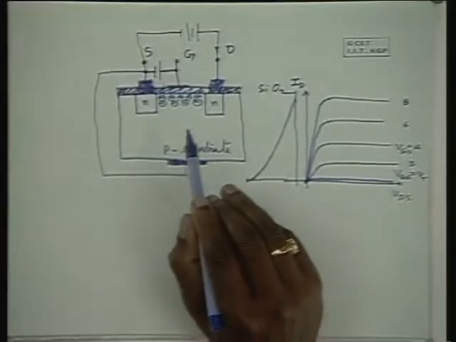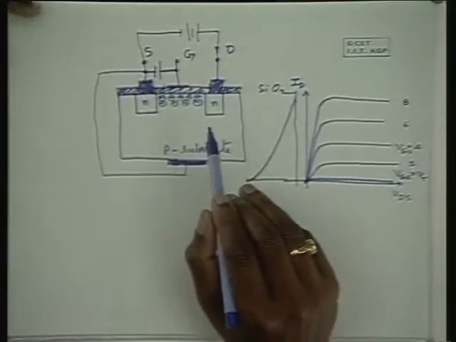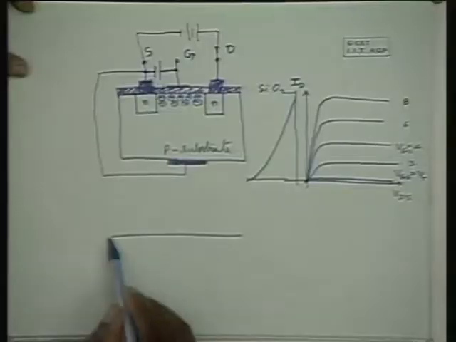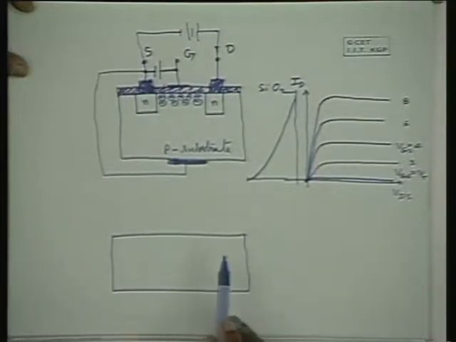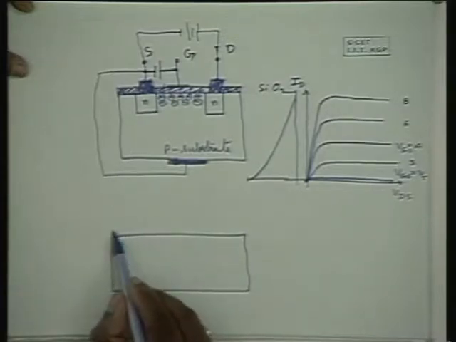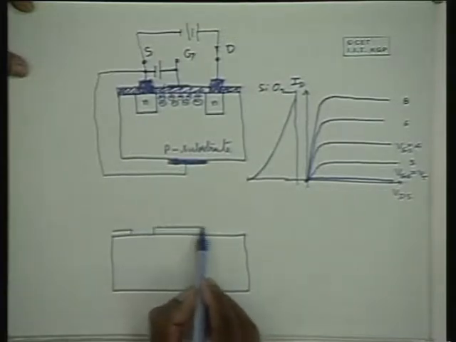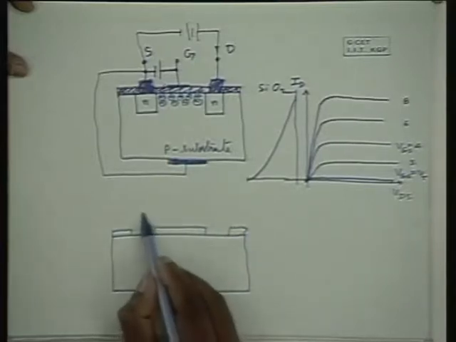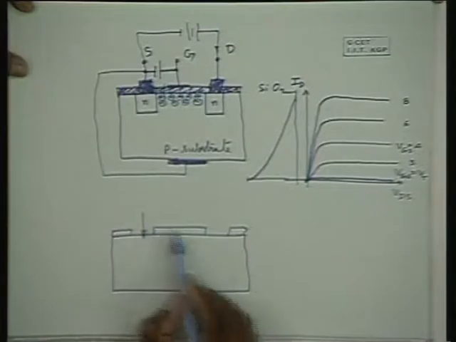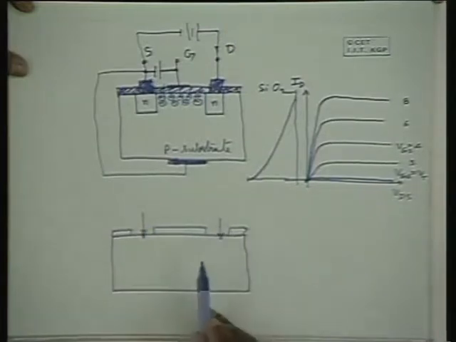Okay, let me take this opportunity to explain how such devices are constructed. First, we take a P-type semiconducting material, and we place some mask over it and dope a pentavalent material.